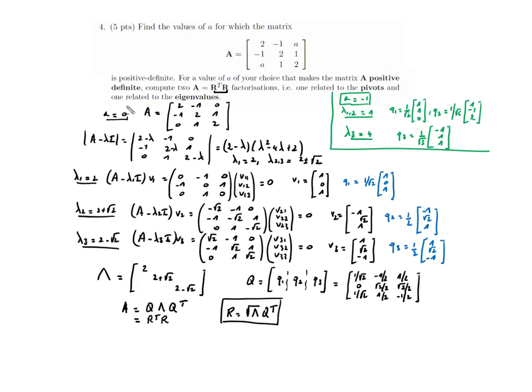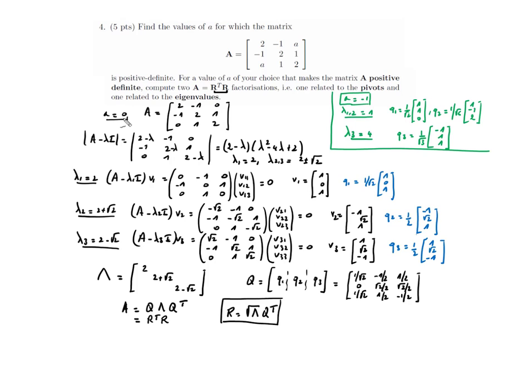And if you have the choice between A equal to 0 and A equal to -1, you can see that A equal to 0 is going to lead to a matrix with more 0 elements, and at least for the factorization linked to the pivots, this is going to be easier, right? But in any case, you have to do only one.